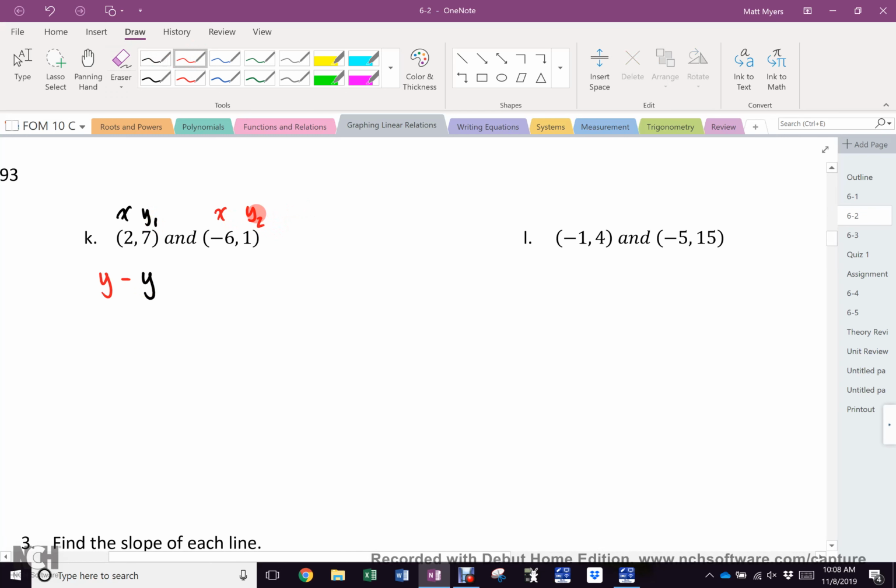Now, if this guy is y2, what does that make this guy? x2. If this guy is y1, what does that make this guy? x1. Damn it, it's supposed to be black. Everyone agree? So, it's y2 minus y1 over what? x2 minus x1. You guys fill that in with these numbers. Go.